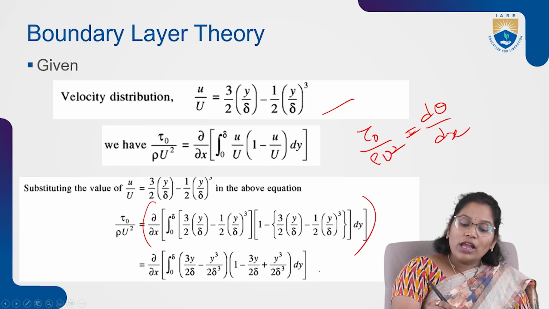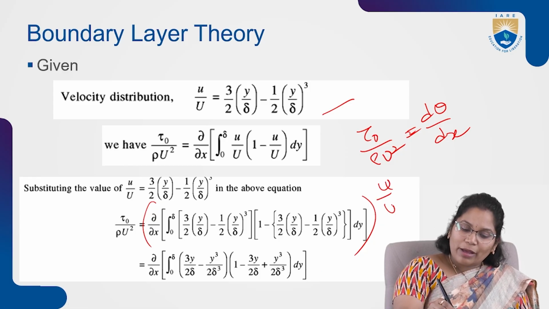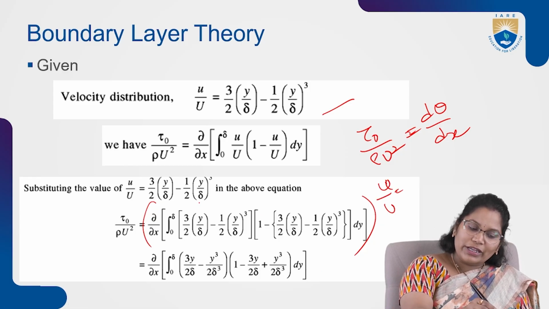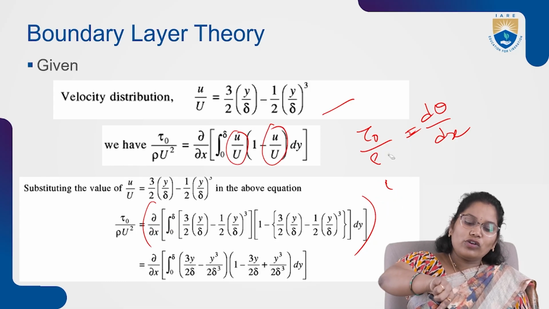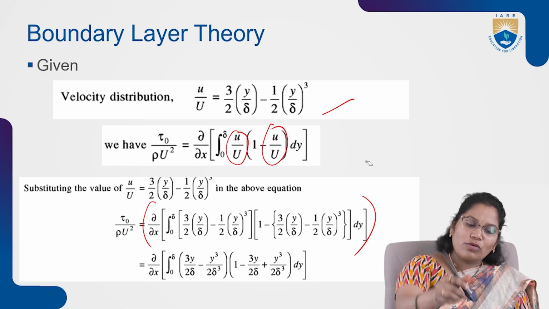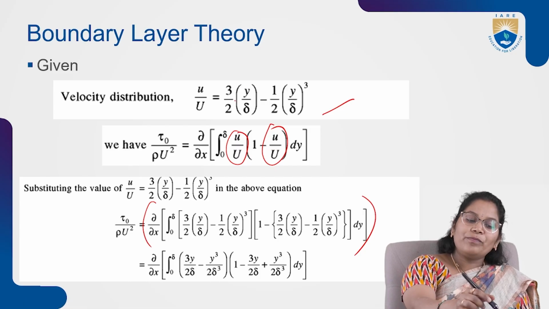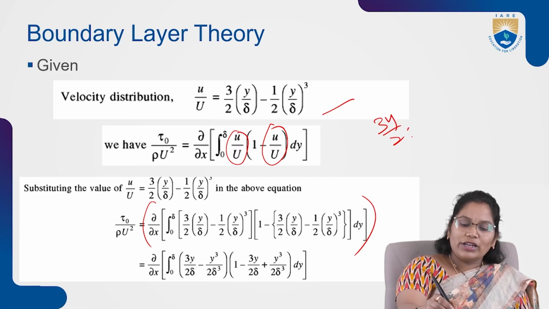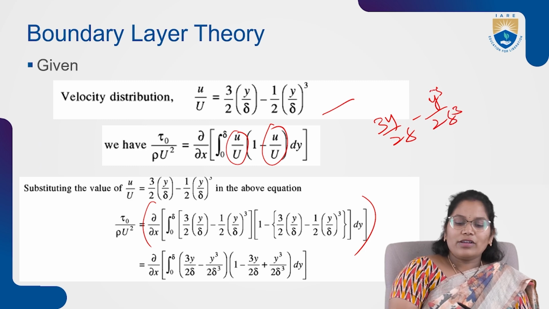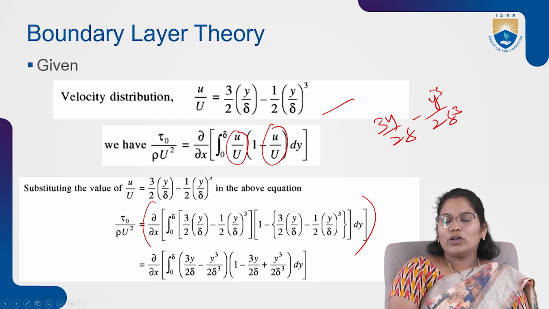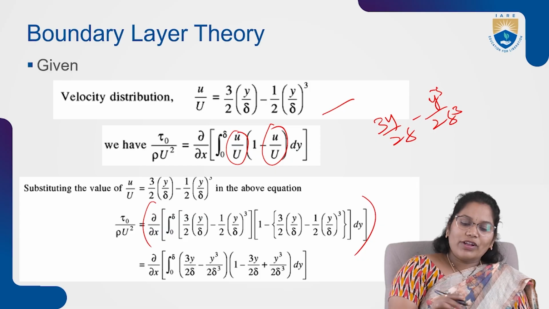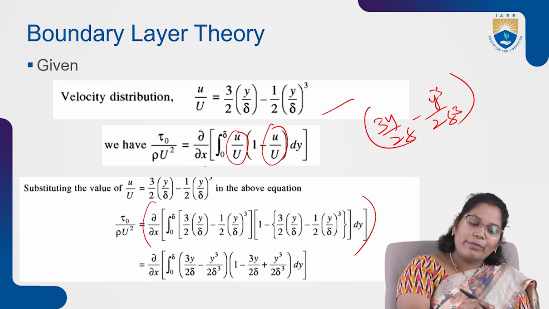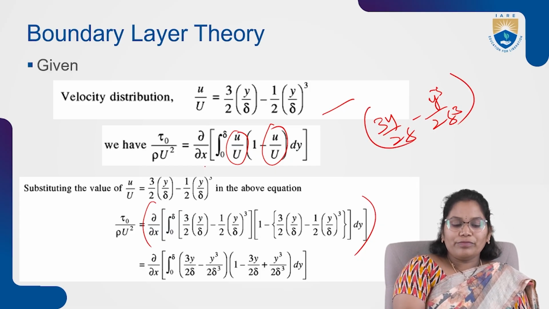We are substituting the small u by capital U value in place of this and this. What is small u by capital U? Small u by capital U is 3y by 2 delta minus y cube by 2 delta cube. Right? We are substituting this value in place of u by capital U.